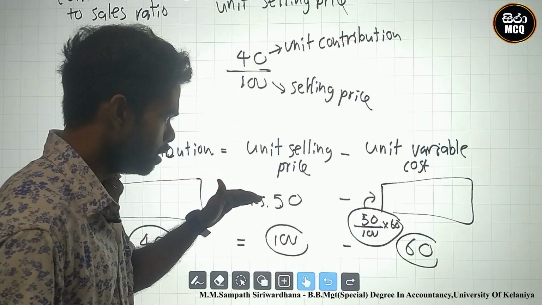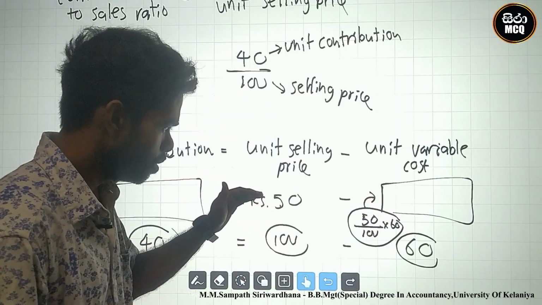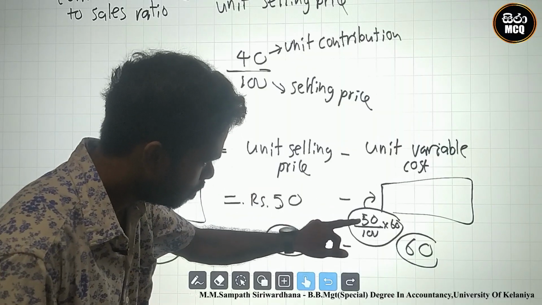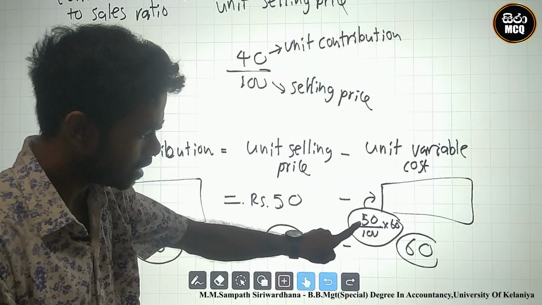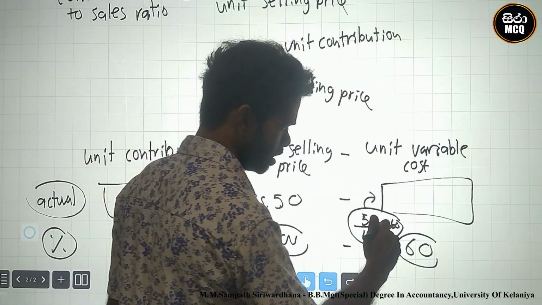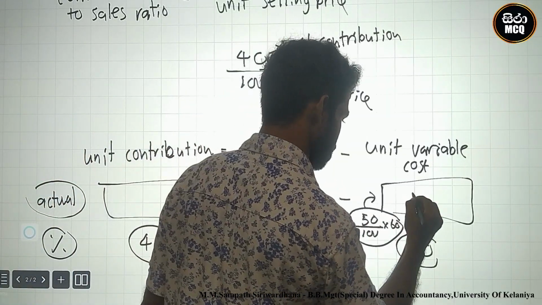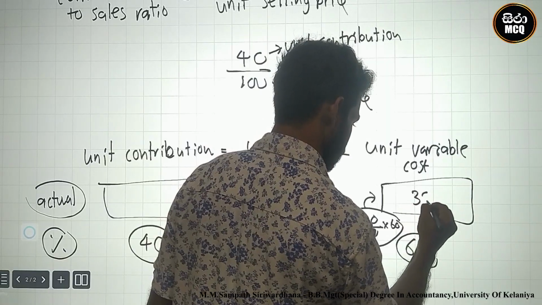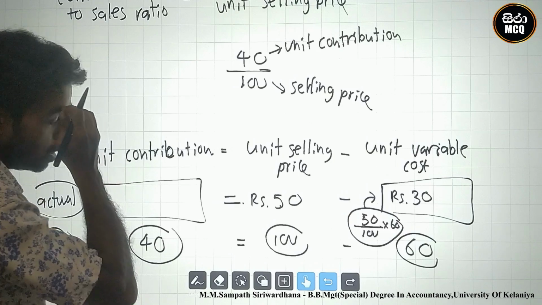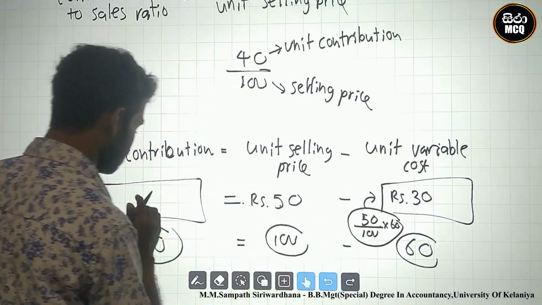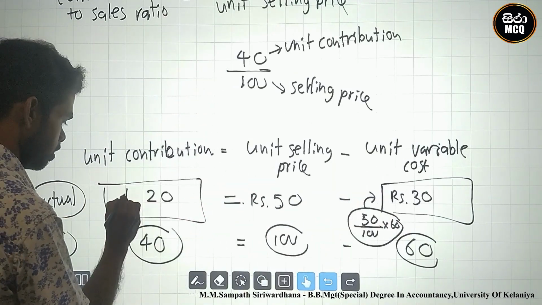The actual 50 divided by 100 and multiplied by 60 is 30 rupees. Next, the contribution: 50 minus 30 is 20 rupees.